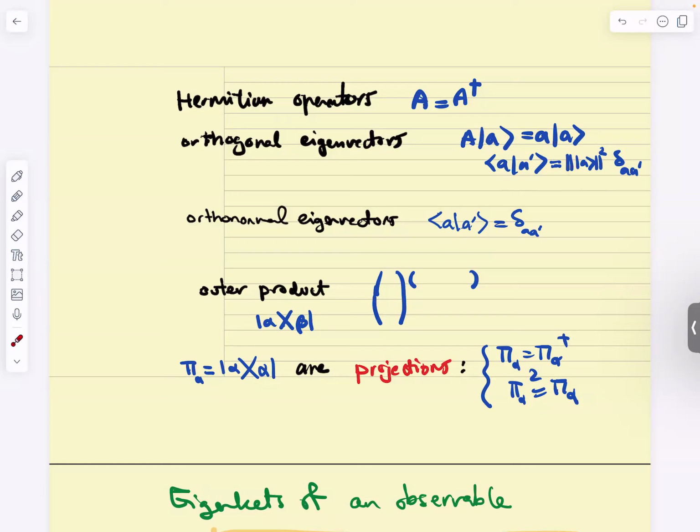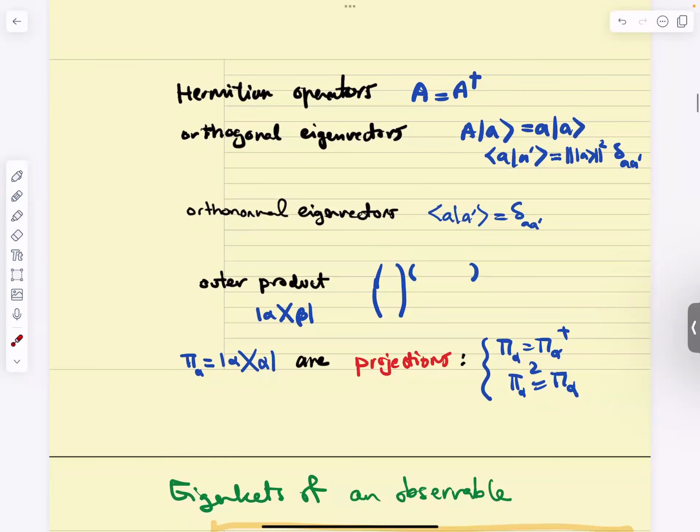If you have a whole bunch of orthogonal vectors that provide a basis for the space, for example, the two-dimensional qubit Hilbert space, a basis for it is ket plus, ket minus, or 1, 0, 0, 1.